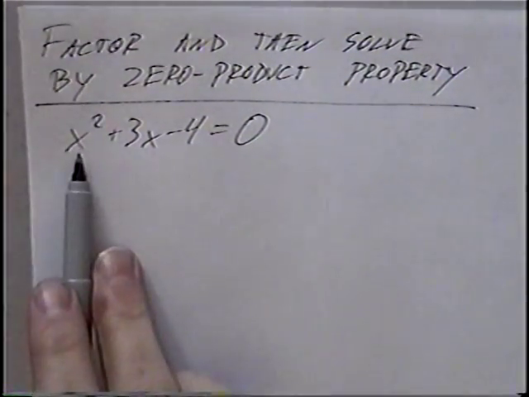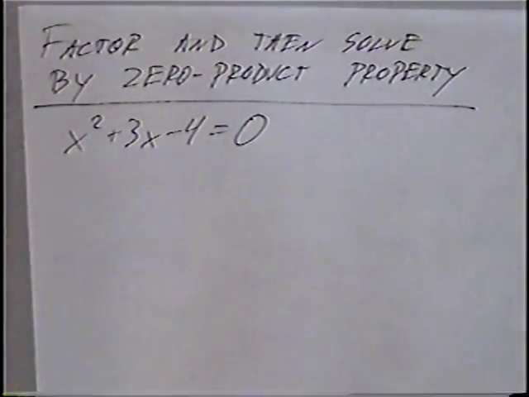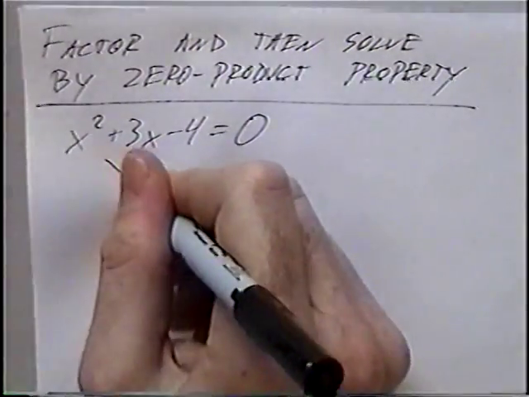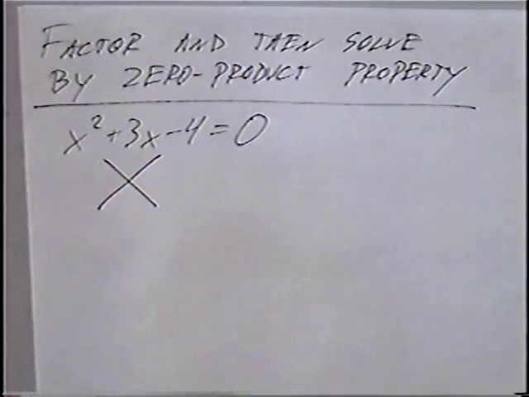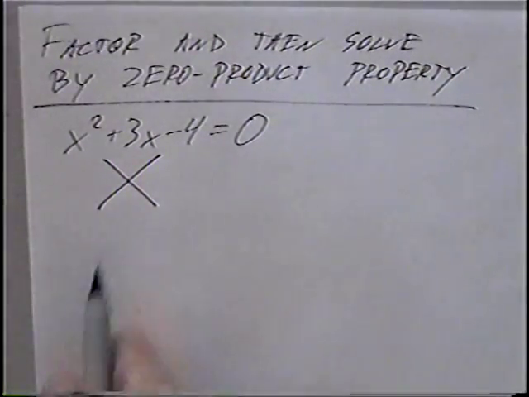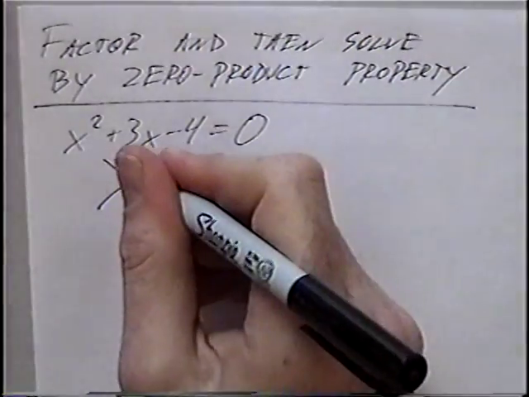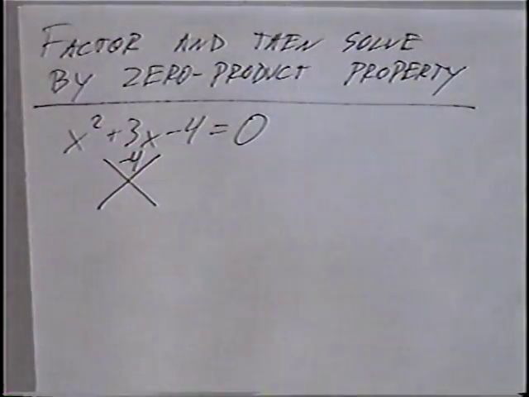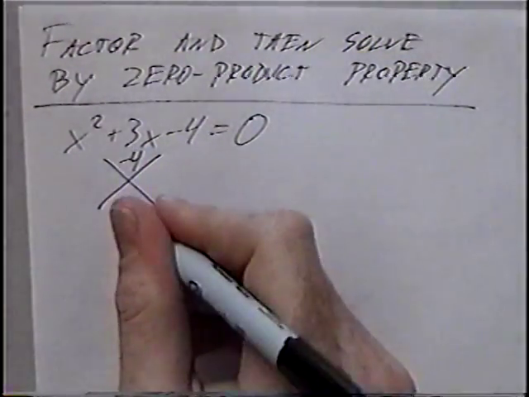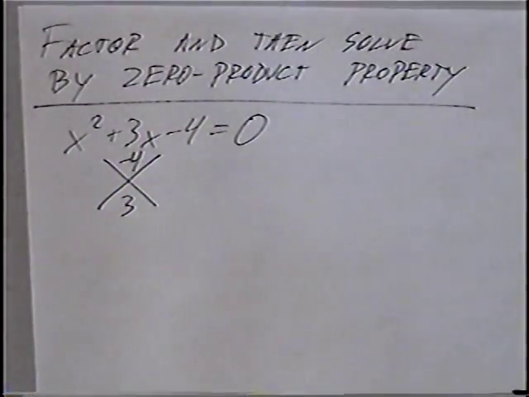When we have a trinomial, x squared plus 3x minus 4, and we want to factor that, it's what we did in the previous chapter by solving the diamond or with the x. The last number, negative 4, goes on top of the x, and the middle number, 3, goes on bottom of the x.